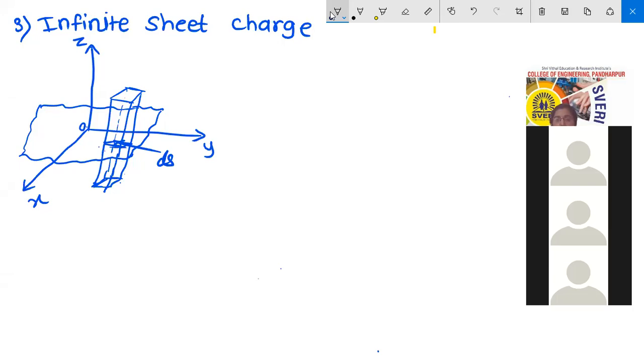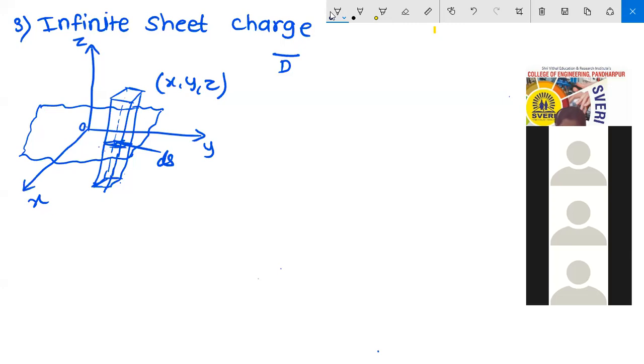So we have to consider the coordinates x, y and z first. Then in which direction will D bar be, since we are considering a small section of that sheet?